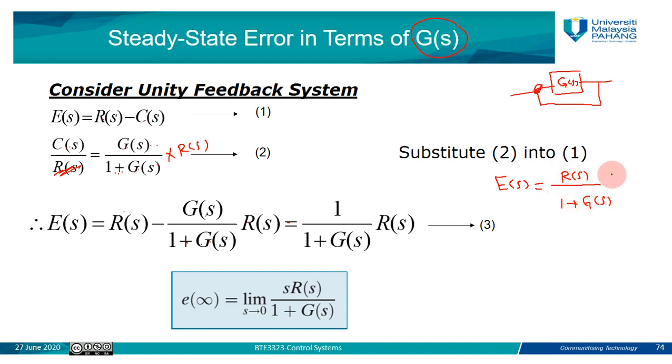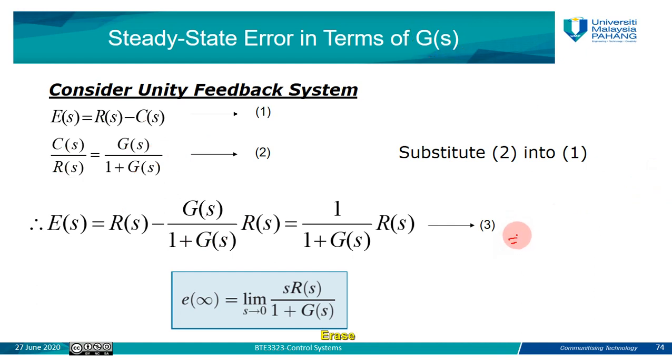You can see here, this is the value of the error from the open loop transfer function. And for the closed loop transfer function, from the previous example, we said ES equals the value of RS times 1 minus TS.